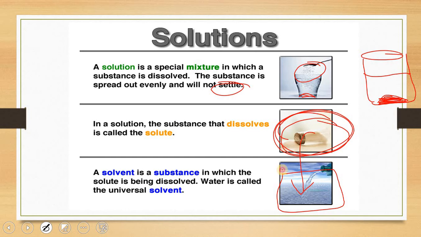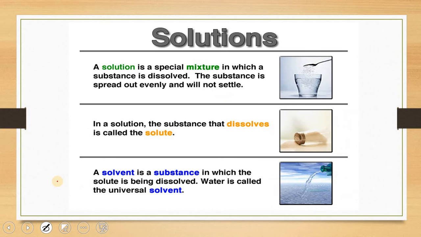For example, water is a solvent, where the salt or the sugar will be dissolved in. Okay, so itu adalah solvent. Di mana benda-benda macam solute ni akan hancur dekat dalam dia, yang akan terlarut di dalam dia. So that's what we mean by a solvent.